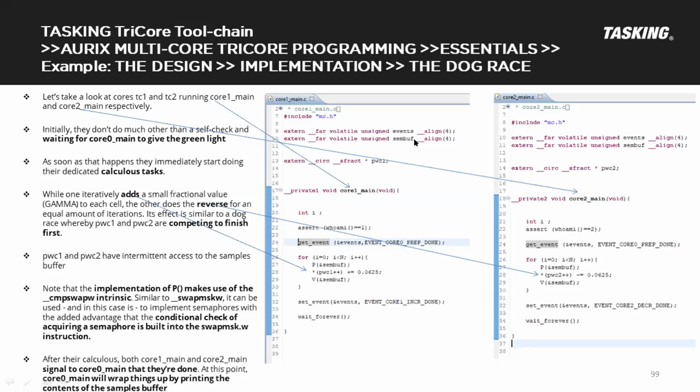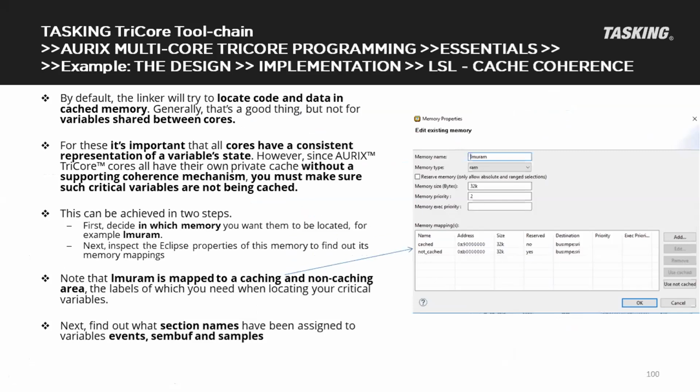And generally, the linker will allocate this data that we are speaking about, and the code as well, in cached memory, which is something good, by the way, but it's not really very good when it comes to the shared variables, because every core has its own cache, and in the TriCore there is no coherence between these caches.